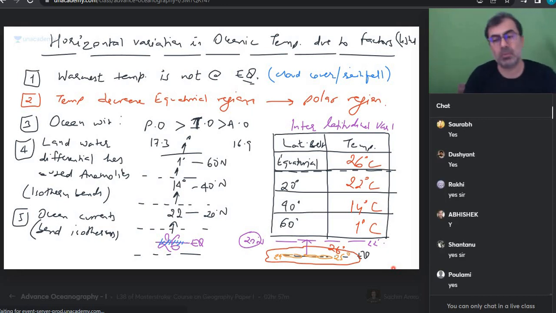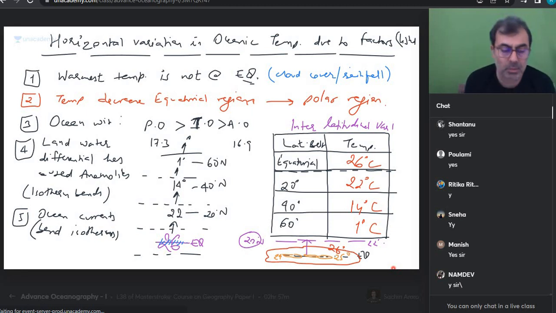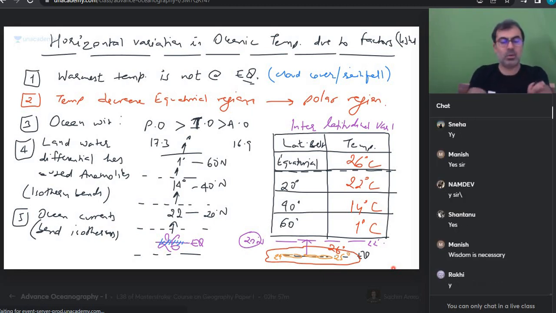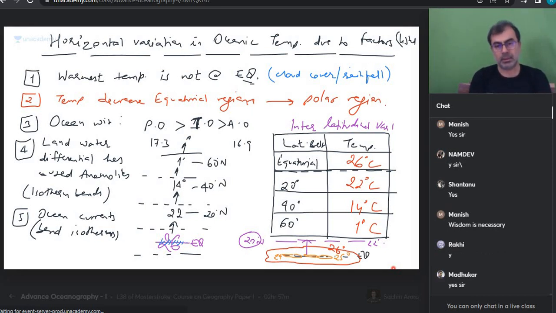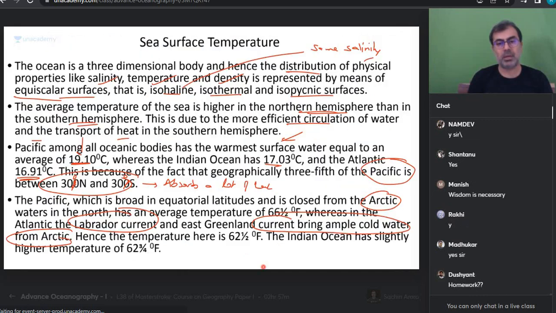Everyone, what is needed now? Buddhi. We need to understand the question. We need to select what is to be written and what is not to be written. Everyone with me? So we have looked at the influence, warm current and cold current also, and that we can do. Till now, I have been talking about surface temperature.